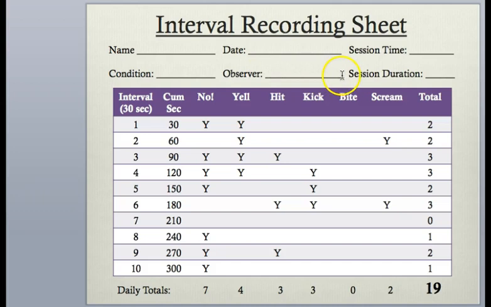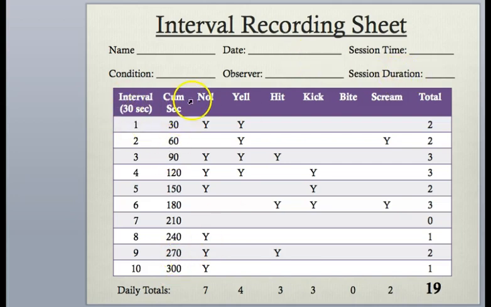Here you would put your name, the observer, and we're going to mark the start time when the observations begin, and the session duration, how long they last. Okay? So here we have 30-second intervals, and we have 1, 2, 3, 4, 5, 6, 7, 8, 9, 10 of them. So that would mean a total of 300 seconds.